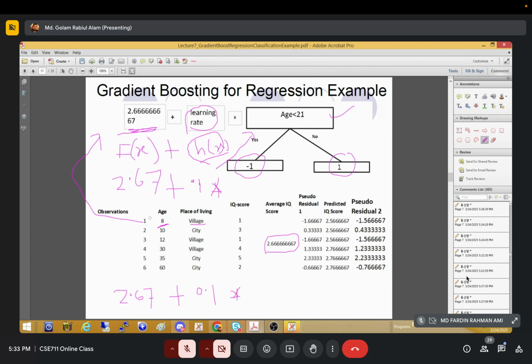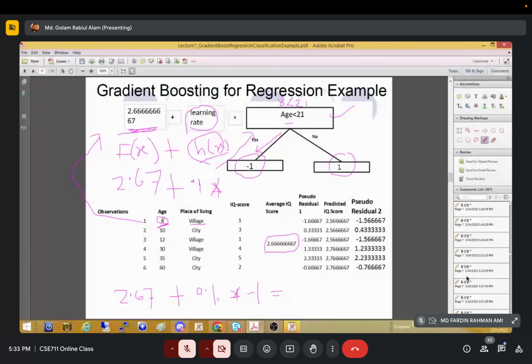Then the age is 8. Okay, it will check the age. So age is 8, 8 less than 21. Is it true? Yes, true. So that means it will move in this direction. So here is the negative one.